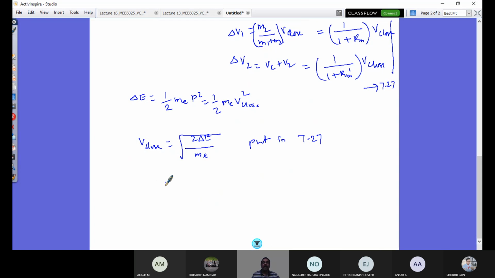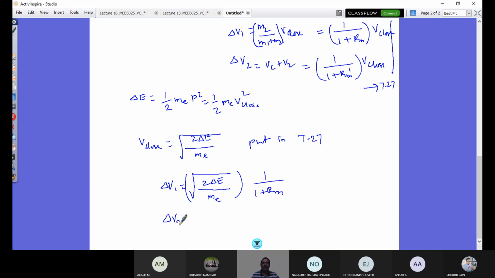Delta V1 is going to be under root of 2 times delta E divided by ME. I just substitute this in this, and I have 1 by Rm, right? So into 1 by 1 plus Rm.